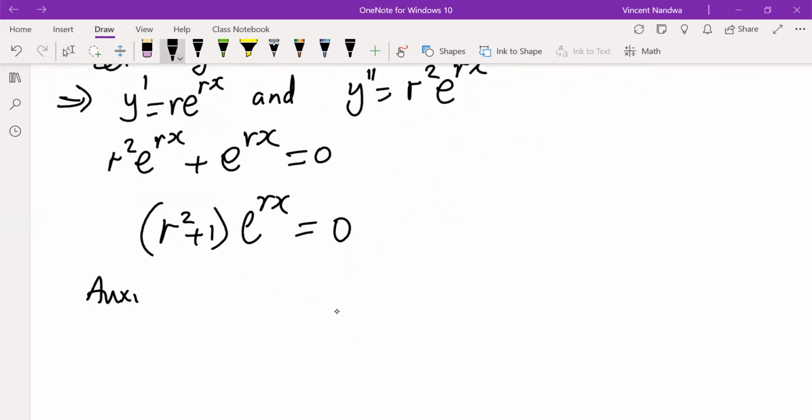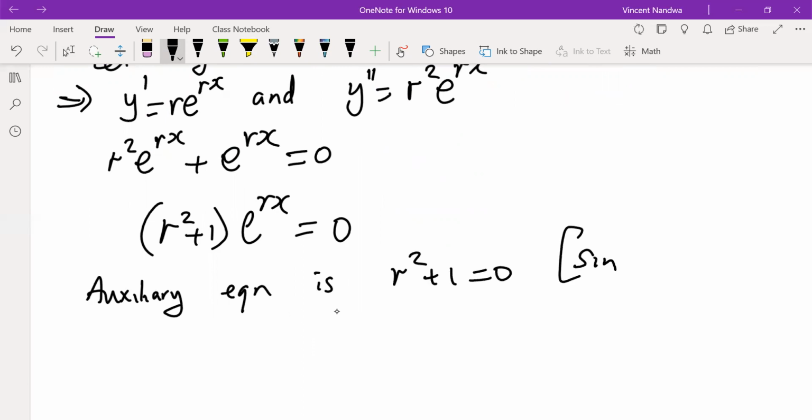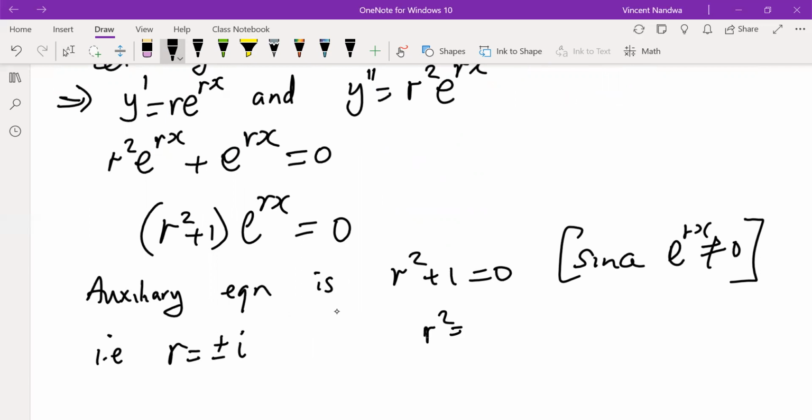The auxiliary equation is r squared plus 1 equals 0, since e raised to power rx is always non-zero. So r is plus or minus i, because r squared equals minus 1. So the square root of minus 1 is plus or minus i.